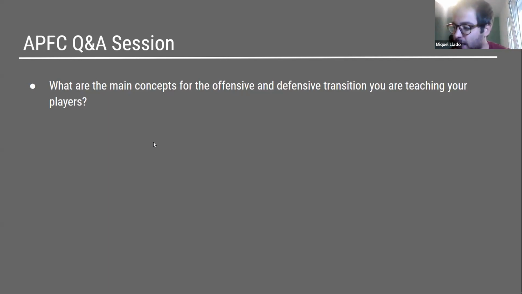A very important detail as well in the transition from defense to attack is a thing that Albert actually told in the video of Man City, that the most important players, once we understand the role, obviously, of the guy that regains ball possession, are the teammates who are far away from that location, because normally those teammates are not well covered or are not well taken care of by the opposing team.